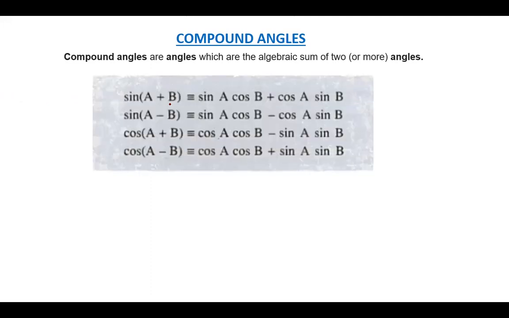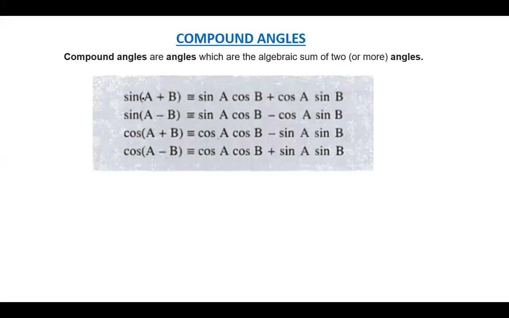So this is just a summary of compound angle formulas. You have sine of A plus B to be equal to that. So for me, how I master these, because you need to know them by heart, they are not going to be given to you in the exam.